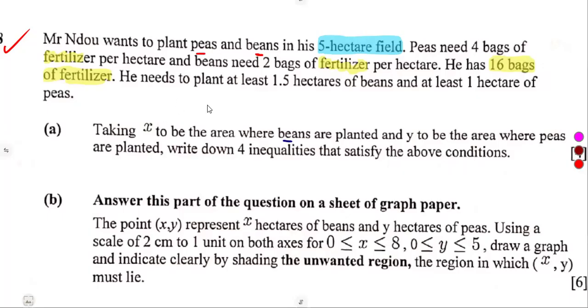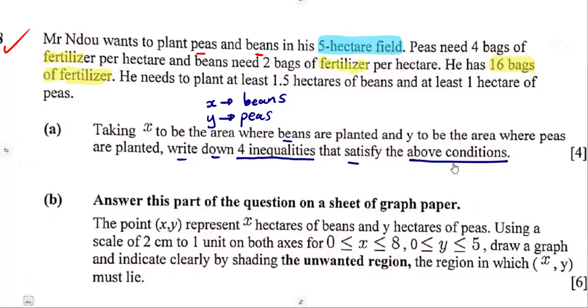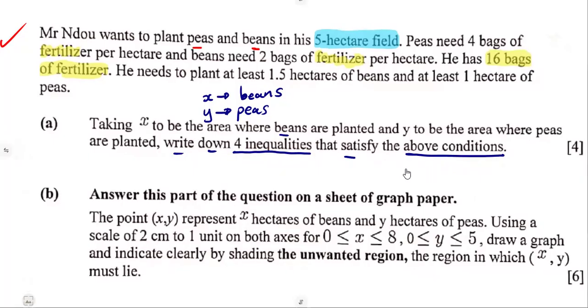X represents beans, and Y represents peas. So let's start. The question is, write down 4 inequalities that satisfy the above conditions. There are 4.